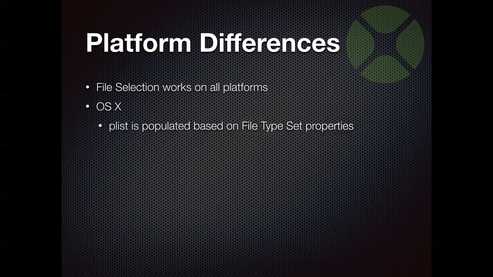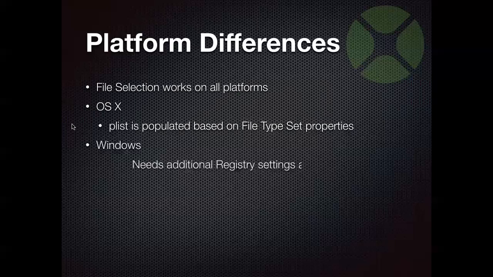There's a file called info.plist that describes behaviors for the actual app, and all this file type stuff that you've specified in the file type set editor gets included in the plist. This is really nice because then everything just works on OS X. You don't have to do any additional configuration. So very nice and easy on OS X.